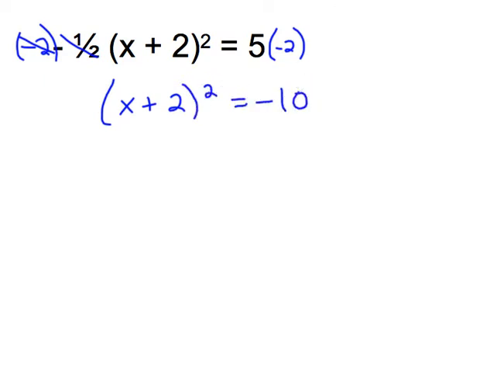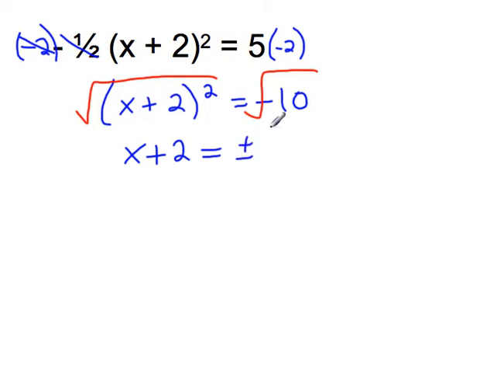Now again, when I have something squared, I can take the square root of both sides so that the square root and the squared cancel each other out, leaving me with just this x plus 2. Now we have equals, and if I put this square root in, I have to have a plus or minus.